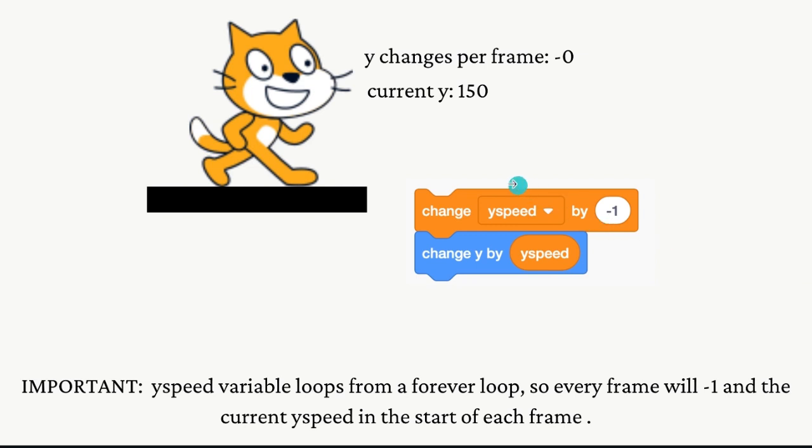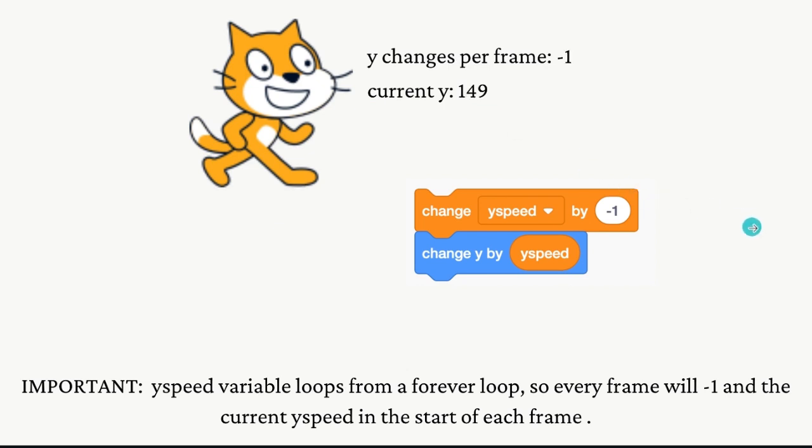So here's an example. Y speed per frame is 0 because the Scratch cat is standing on the ground. So I'll set this y to 150. Then when we remove the ground, the Scratch cat will be moved -1 per frame and its current y is 149.